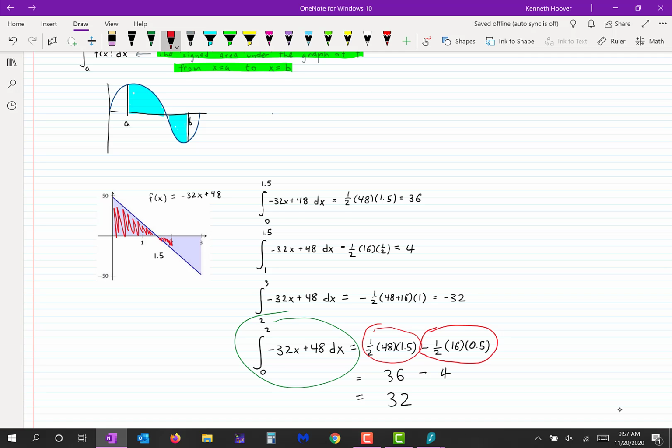So we integrated from 0 to 2, but what we really did was integrate from 0 to 1.5, and then also from 1.5 to 2. And then we combined those two triangles into one area. Okay?